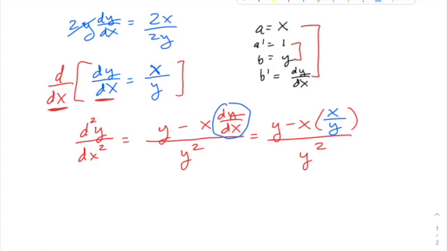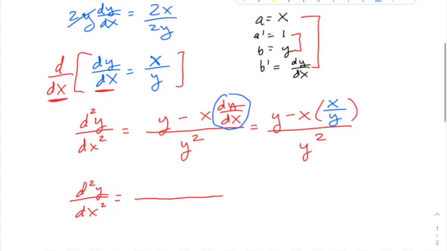Now I am going to clean this up because I don't typically leave complex fractions in my answers, and especially if this were a multiple choice problem, I can guarantee you this answer would not be written this way. So I have y minus x squared over y, once I multiply those two together, over y squared. It's a complex fraction right now. Let's clean that up.